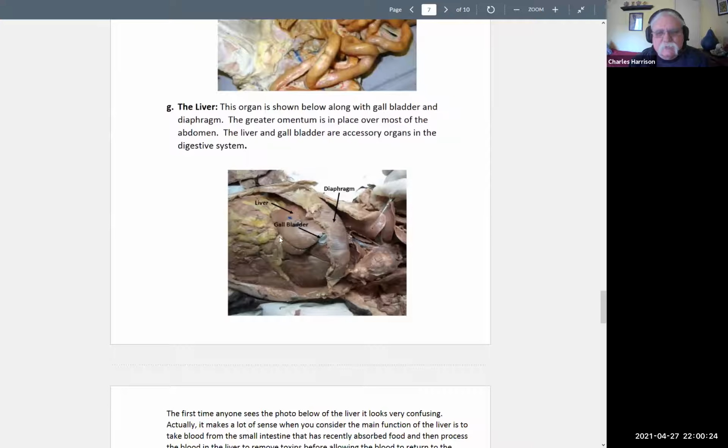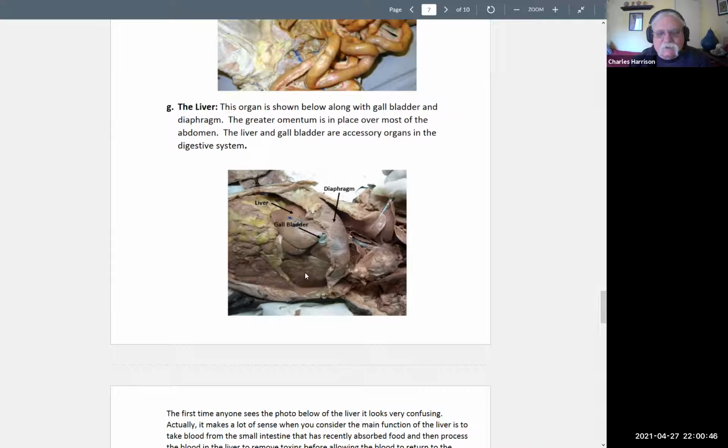The liver, okay, is located under the diaphragm. The head of the cat is over here on the right. Here are lungs. Here's the diaphragm, our prime mover of respiration.